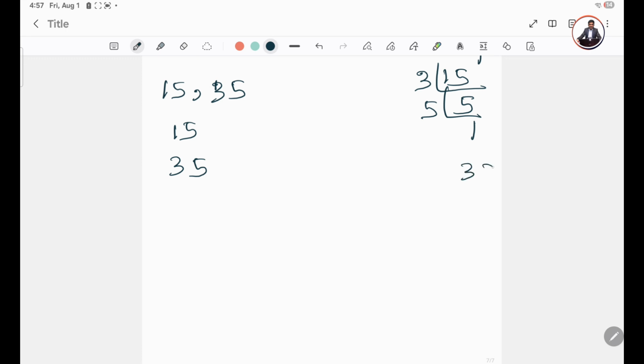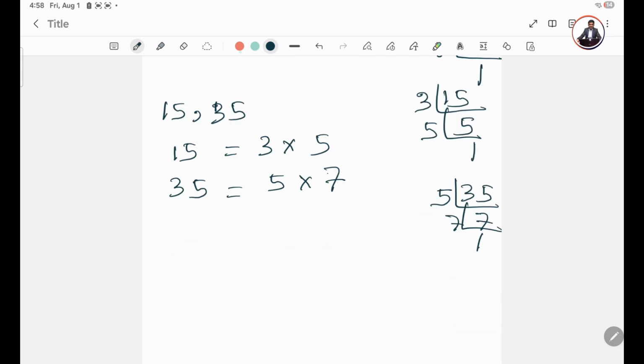And for 35, again I can't use 2, and not 3, but 5: 7, and then 7: 1. So we can write 3 times 5 here, and 5 times 7 there. So what is common? The number 5 is common. So for 15 and 35, the greatest common factor is 5.